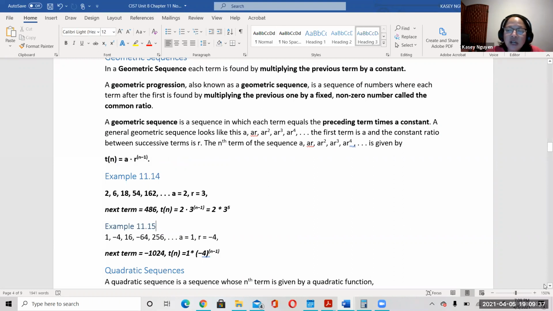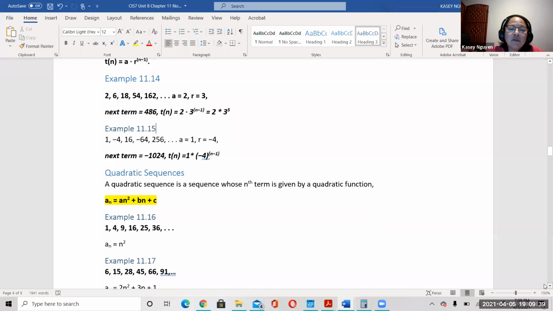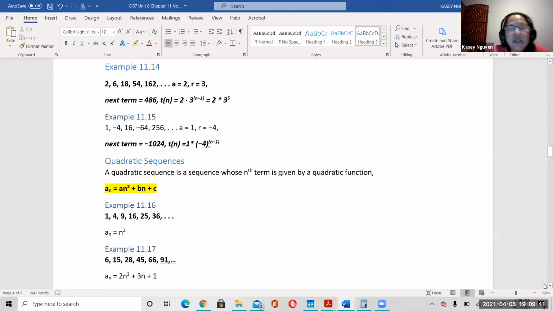So for quadratic sequence, we would look at the sequence in that the nth term is given by a quadratic function. And if you worked with quadratic functions before, right, graphing it, solving it, some teachers would teach you the FOIL technique, right?